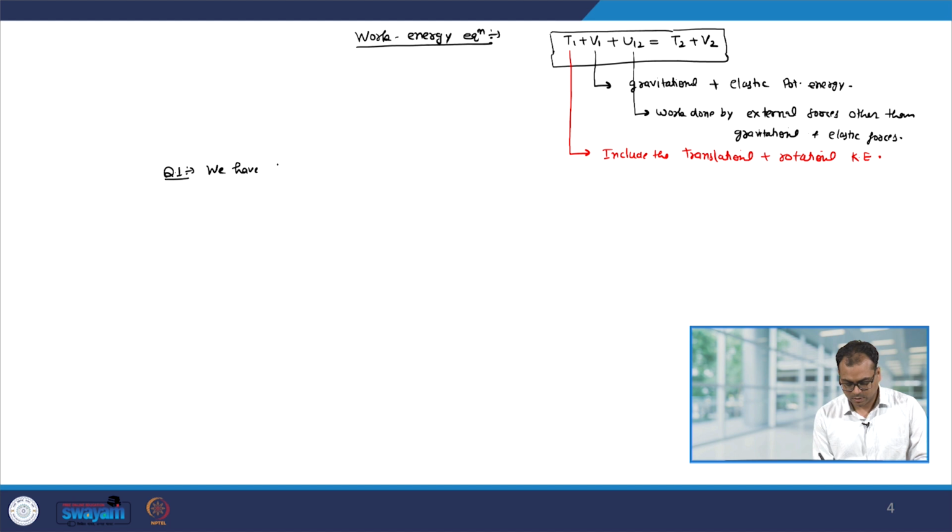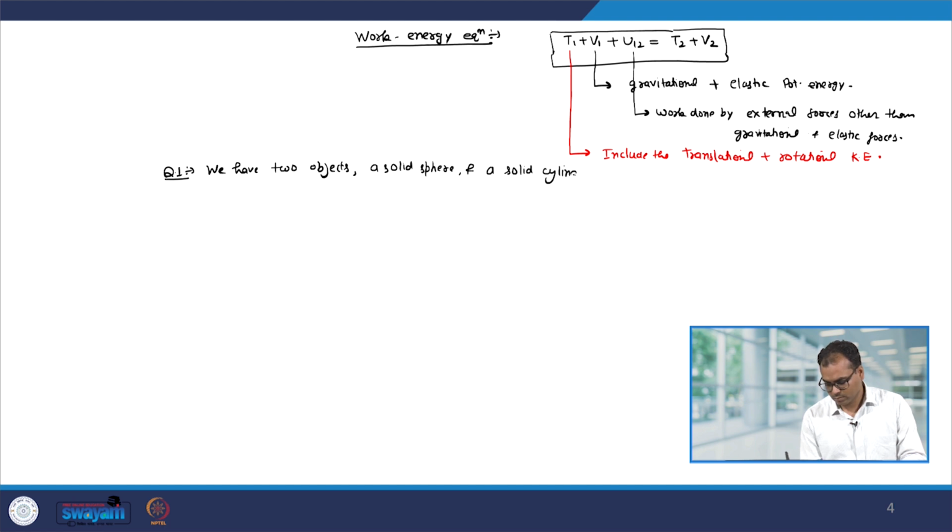We have two objects, okay, a solid sphere and a solid cylinder. Both with the same mass m and radius r.